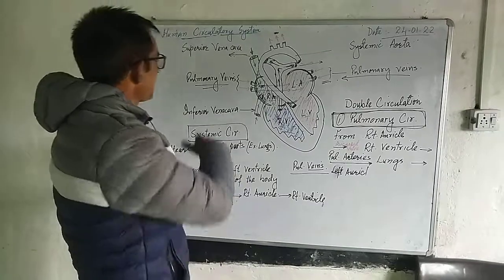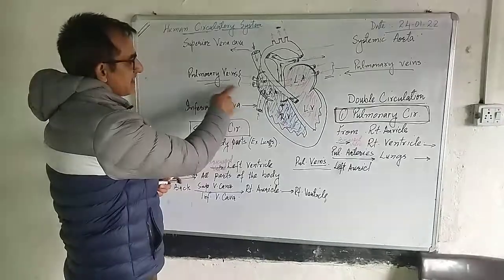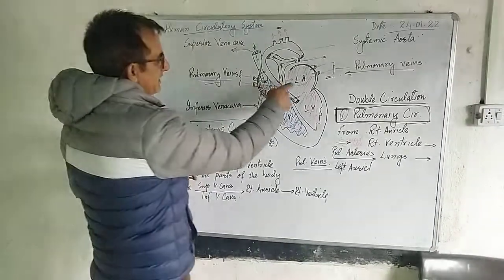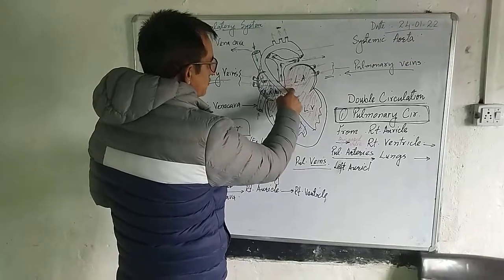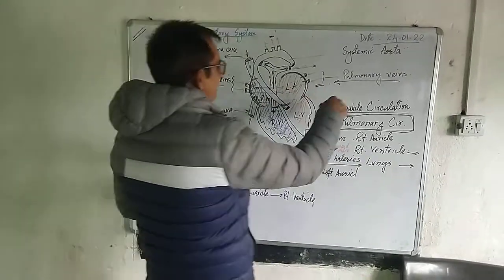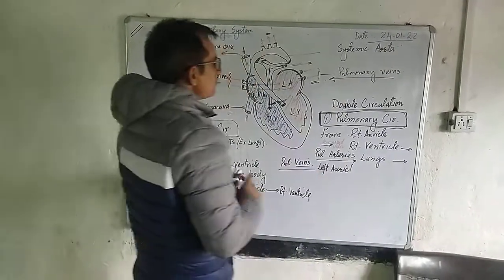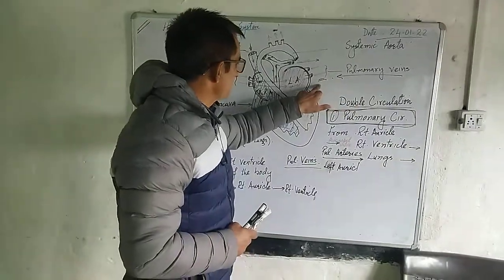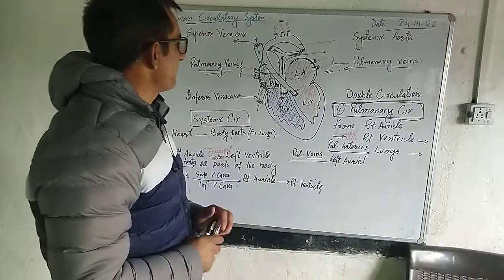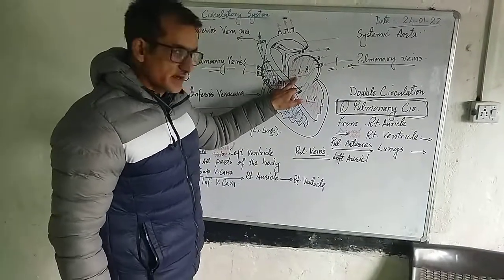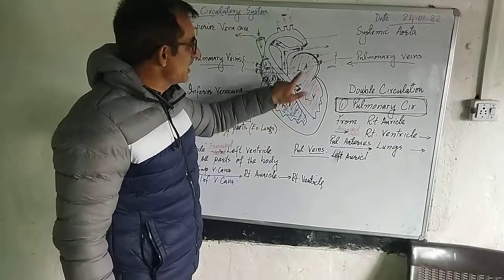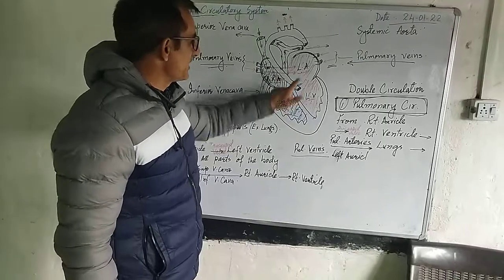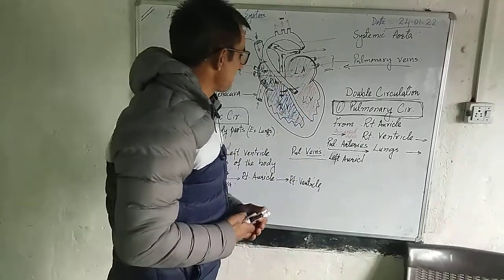The right lung gives two veins, and these drain the blood into the left auricle. Likewise, the left auricle receives two more veins from the left lung. So this left auricle receives pure or oxygenated blood. This blood is then drained into the left ventricle.